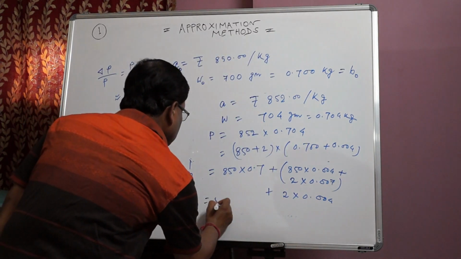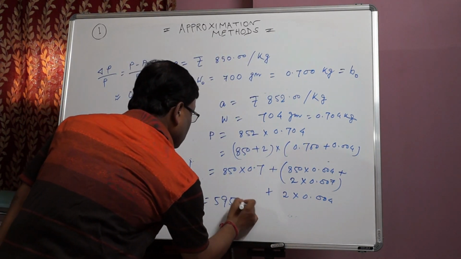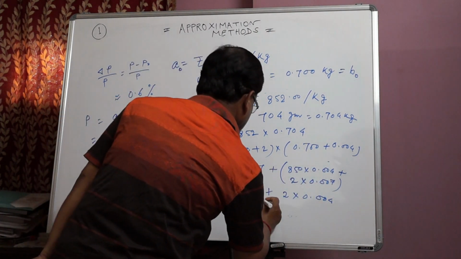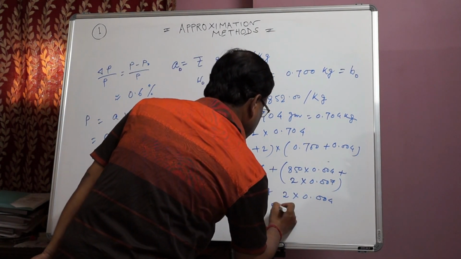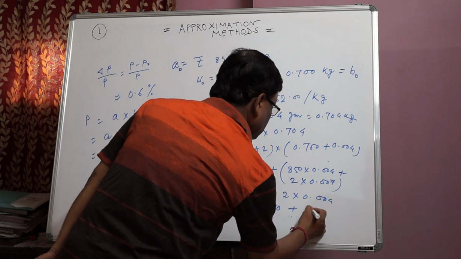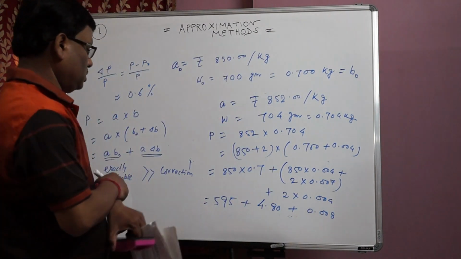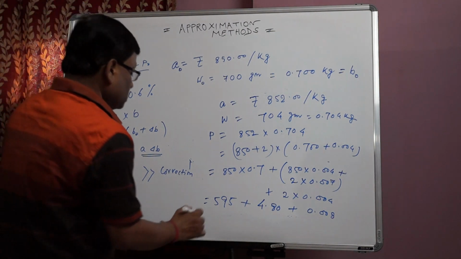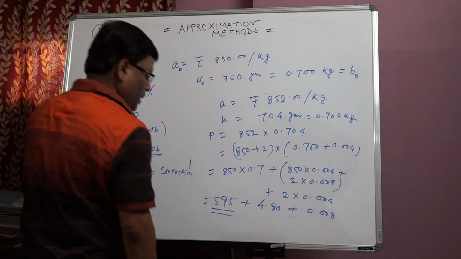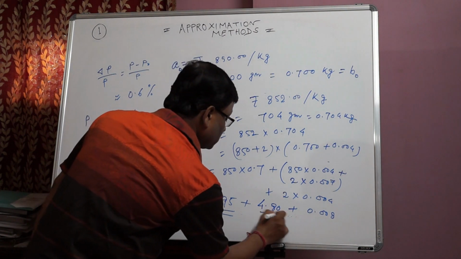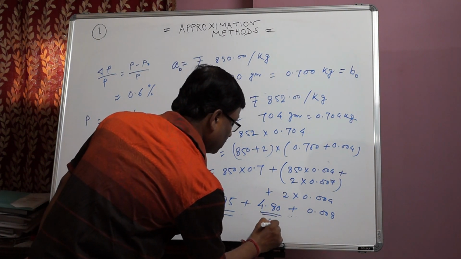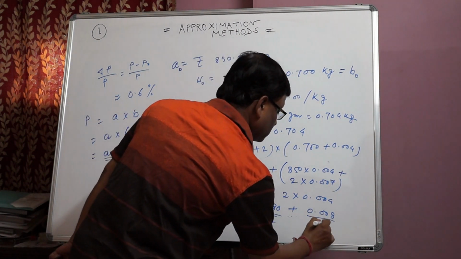This is 595, this becomes 3.40, and this part only 0.008. So this is the exactly solvable part, this is the first correction, and this is the second correction.